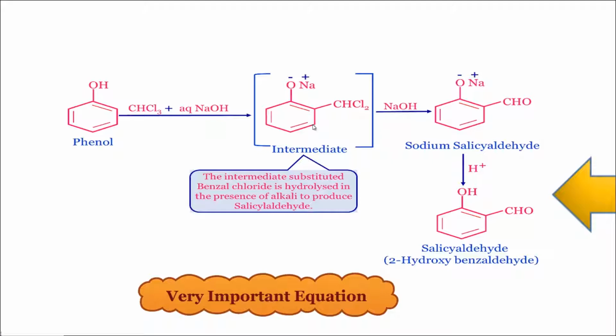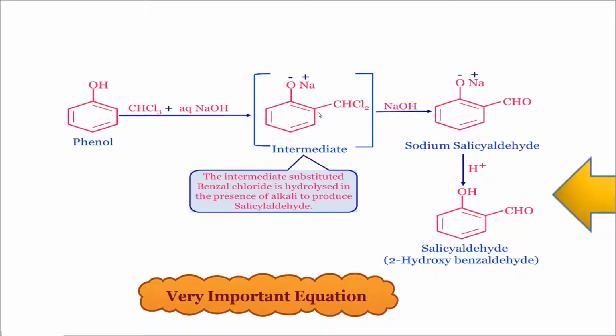The first compound that we are going to get is, to the benzene ring ONa gets attached, because the moment OH comes in contact with NaOH, obviously it is going to result in the formation of sodium phenate, and due to the presence of the chloroform, this attaches CHCl2 group to this position here. Therefore, this is a reaction intermediate that we are going to get, and this is called the benzal chloride.